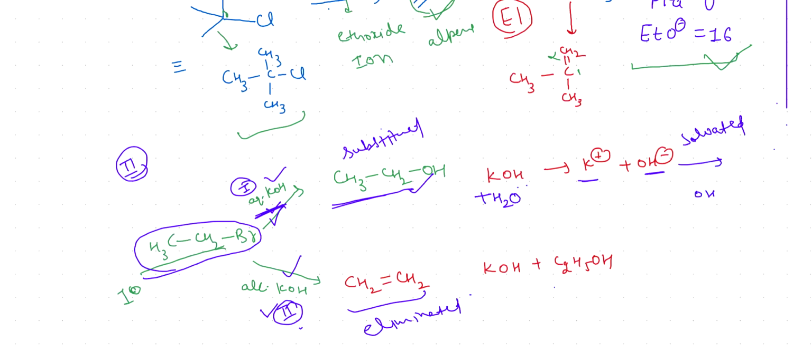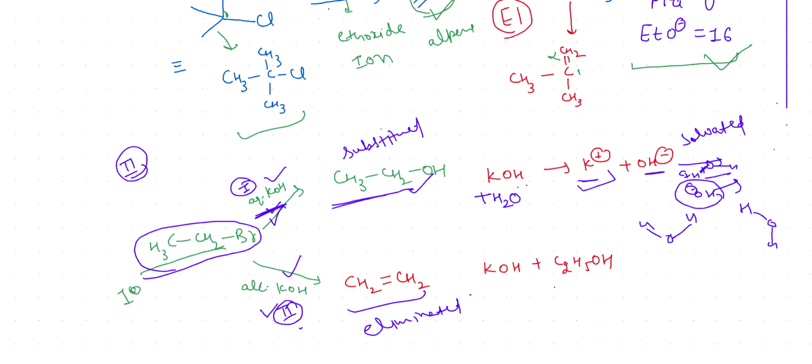Here OH is negative charge, so it will be surrounded by the H of water, H-OH, meaning this OH negative is stabilized. Similarly, K positive is also stabilized.